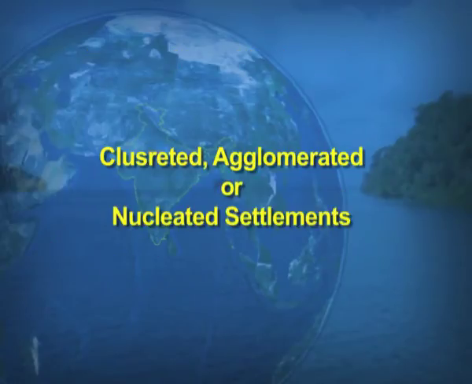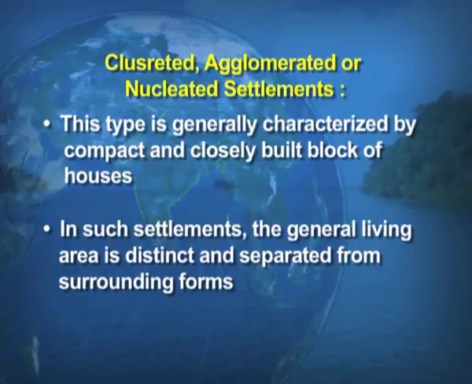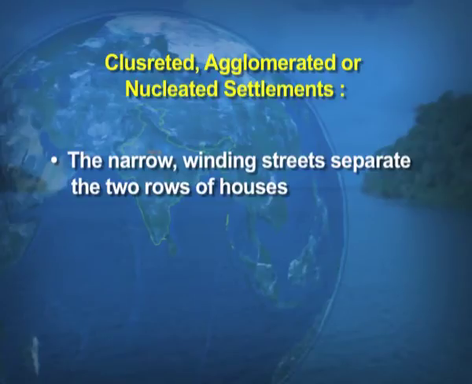Number 1, clustered or agglomerated, or we also call them nucleated. So, the first feature of these types of settlements is they are generally characterized by a compact and closely built block of houses. Number 2, in such settlements, the general living area is very distinct and separated from the surrounding farms. The narrow streets separate the 2 rows of houses.